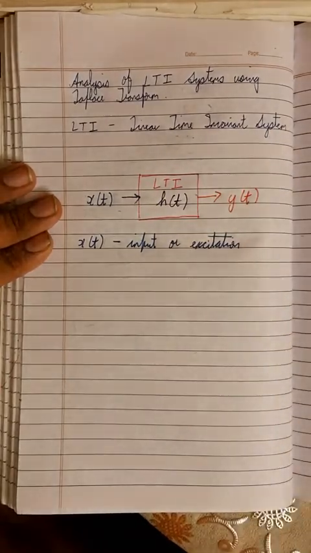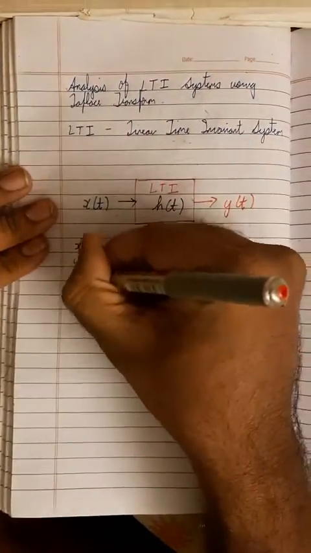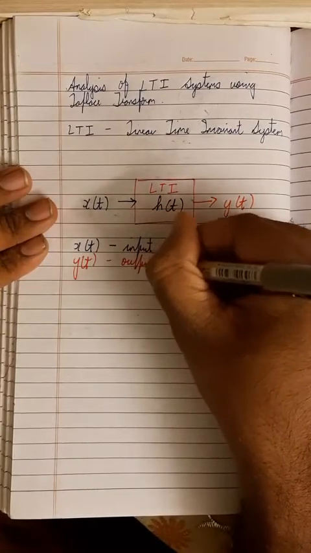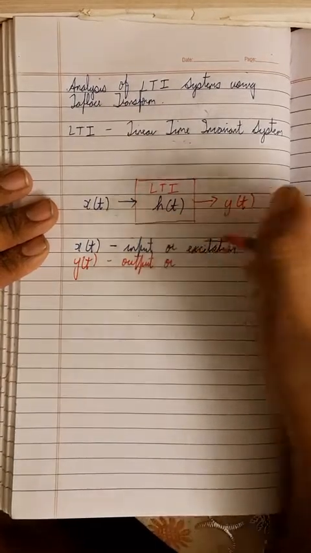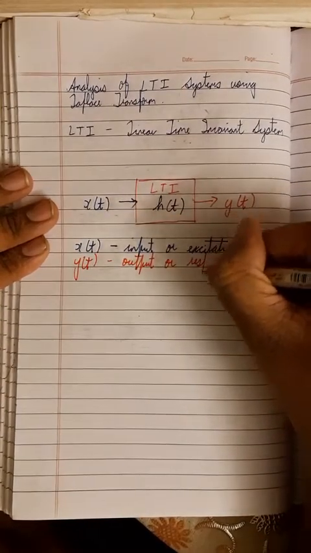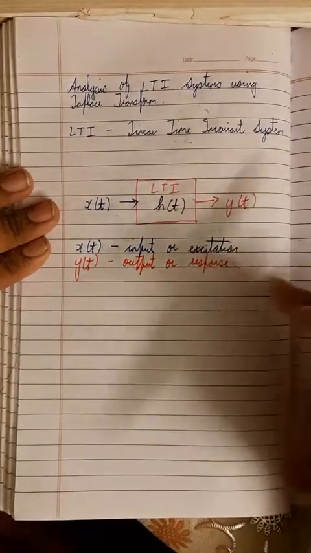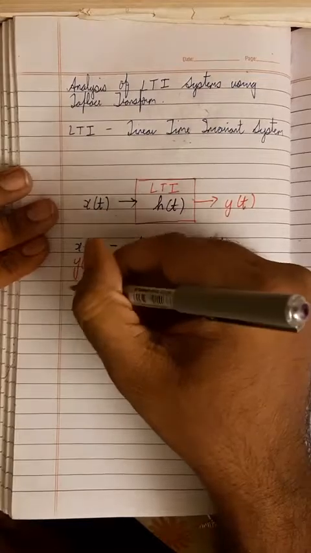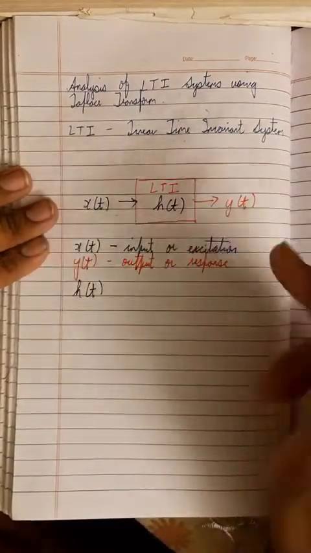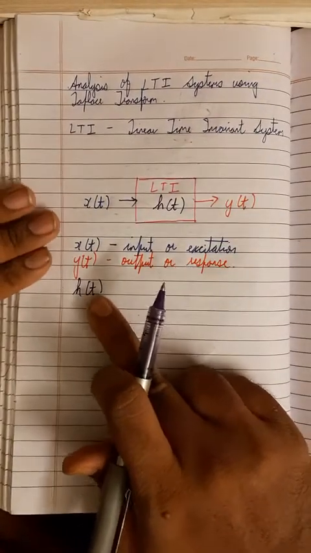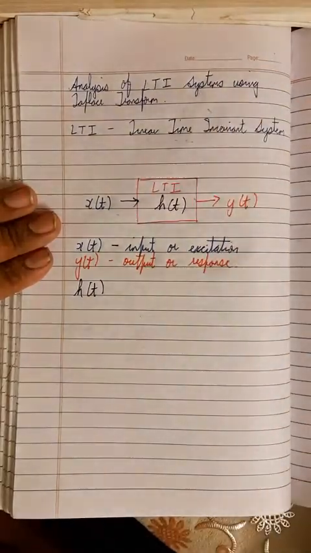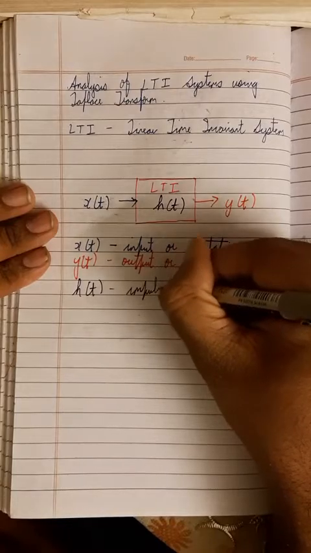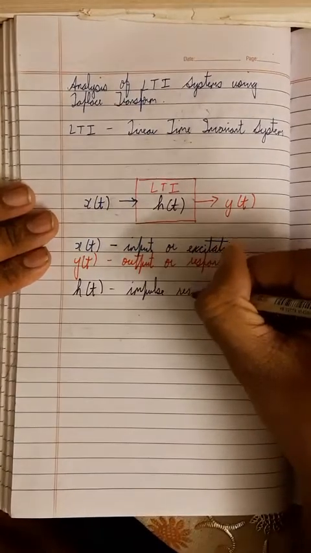And this y of t is what you call the output, or also the response of the system. And this h of t is a unique function which is unique to that particular type of system. It is called the impulse response.